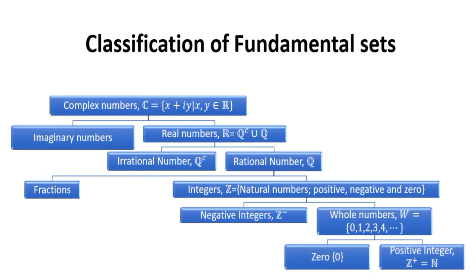On the screen we have a diagram, kind of a flow chart of how the numbers are interrelated. We have complex numbers and all of complex numbers as defined, imaginary numbers. I'm sure you've seen all of this in your secondary school days, and how they are subsets and interrelated.